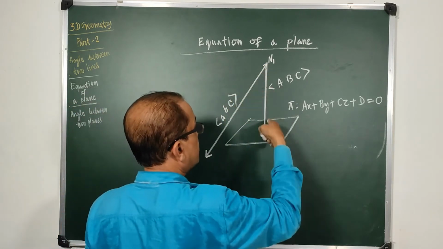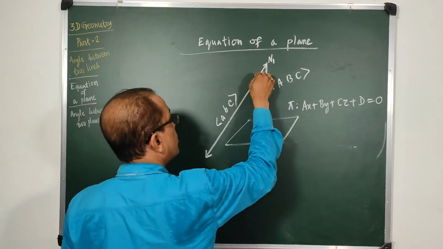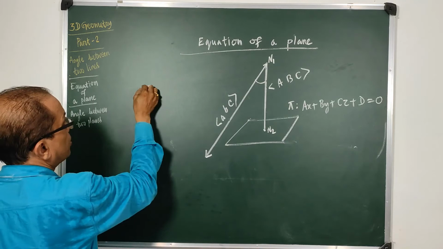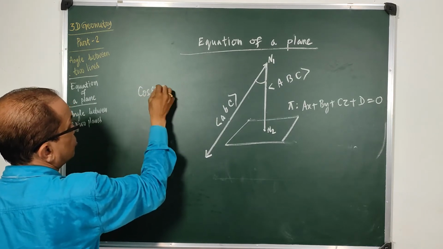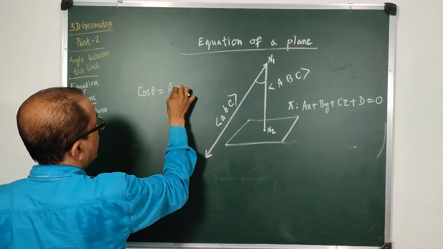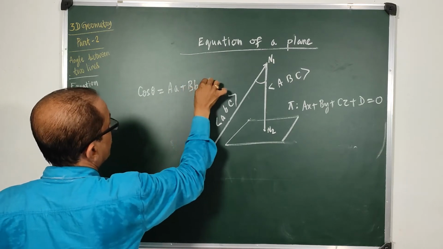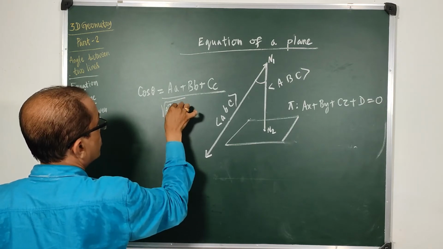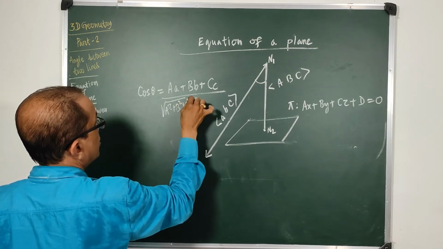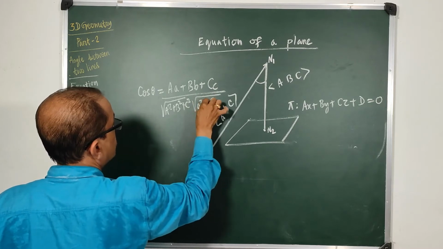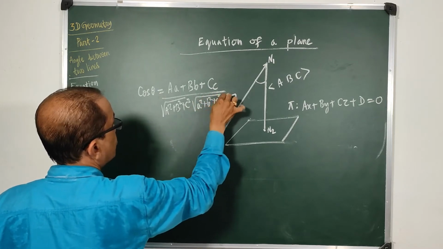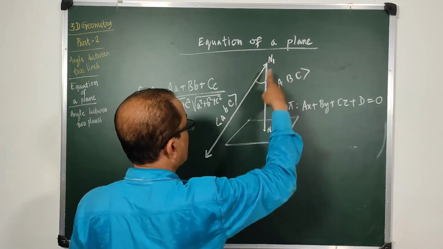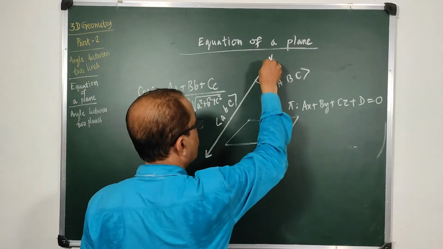Since the other line is the normal to the plane, the angle between the two lines can be found just the way we dealt with it now. Cos theta is equal to AA plus BB plus CC divided by root over capital A square plus B square plus C square for lambda 1 and root over small a square plus small b square plus small c square for lambda 2. So this will be the formula for the angle between a line and the normal to a plane.